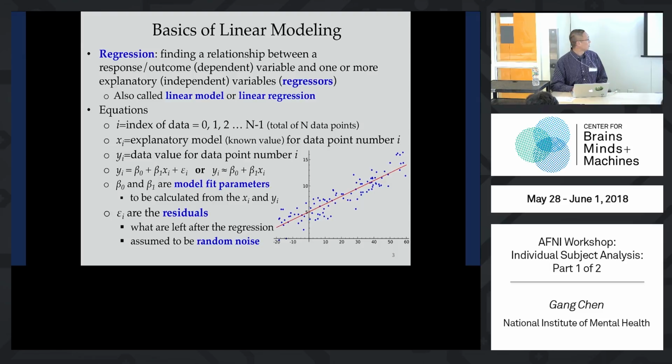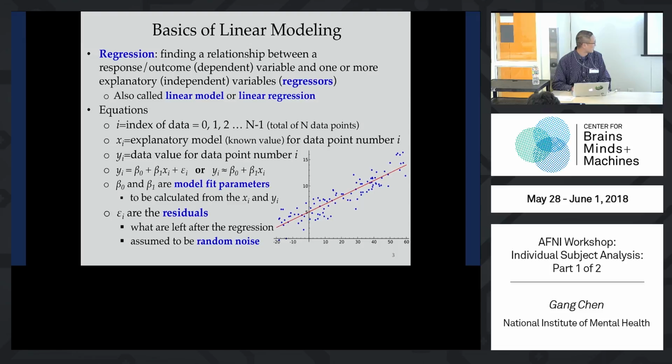Traditionally, the regression model is the simplest one. You have Y, which is the data; traditional people call it the dependent variable. The X is called the independent variable. I think nowadays those terms are fading away because some causal relationship is implied in those terms, which is not necessarily the case.